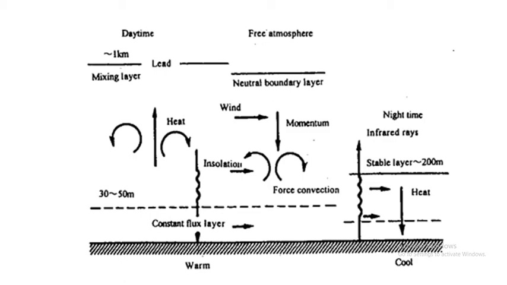The turbulence of the wind decreases in the inversion layer. Are you clear? Here at night time, due to infrared radiation, the stable layer is 200 meters, and it is cool or chilled.